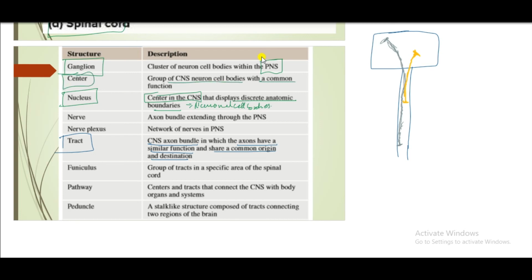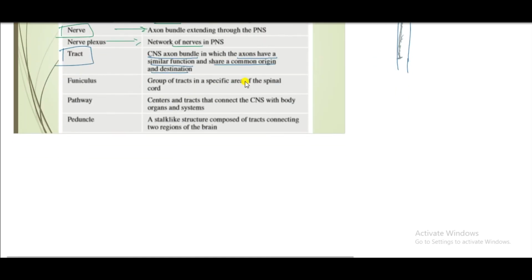And the center is also a group of neuronal cell bodies with a common function, which means olfactory center, vision center, etc. And the nerve is the axon bundle extending through the peripheral nervous system, and the nerve plexus is the network of nerves in the peripheral nervous system.